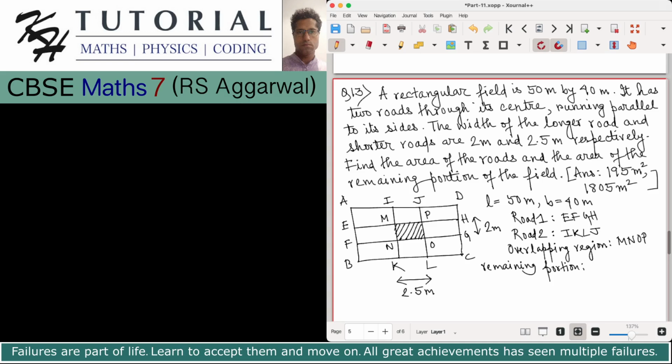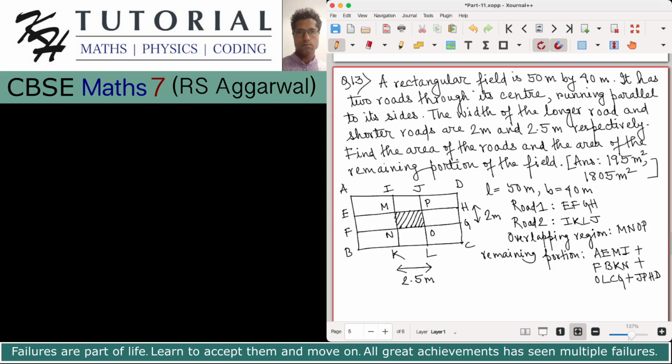The remaining portion of the field are the rectangles AEMI, plus the rectangle FBKN, plus the rectangle OLCG, plus the rectangle JPHD. That is, the four rectangles that you can see on the four corners of the rectangular field are the remaining portion of the field.